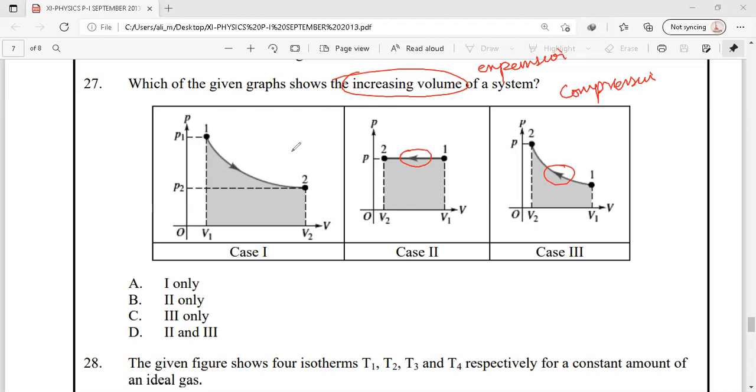The expansion can be seen with the forward arrow, while these two represent compression because they are backward arrows. So from these three PV diagrams, option A, case 1 only, is the correct answer for question number 27.